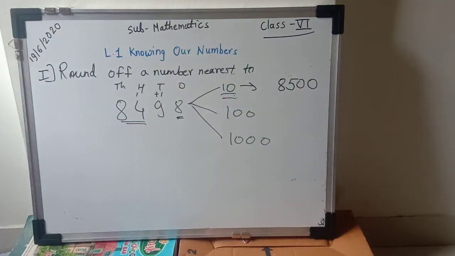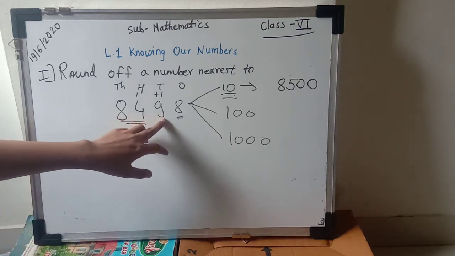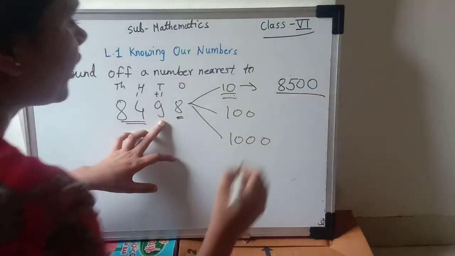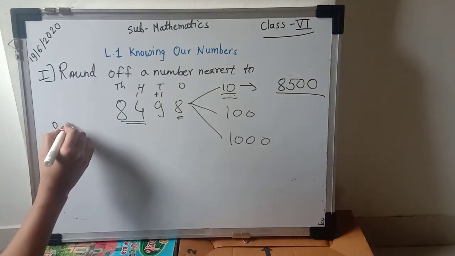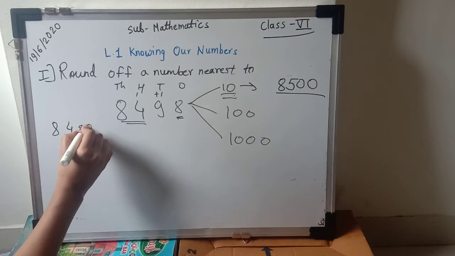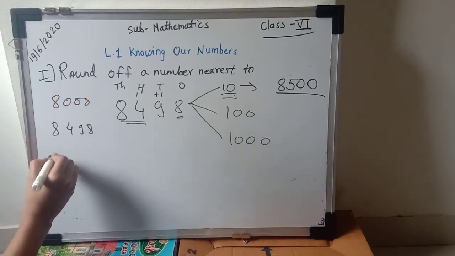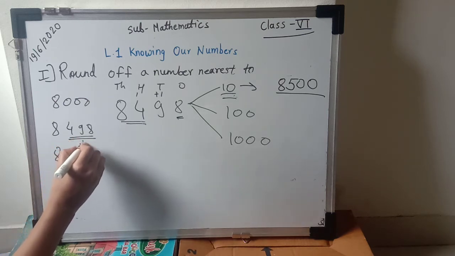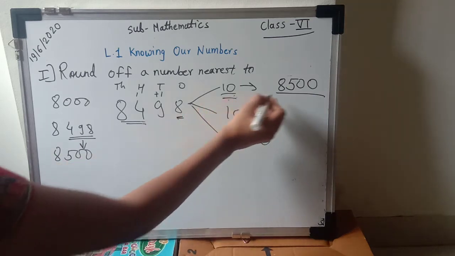So we got the answer for 8498 rounded nearest to 10, and we got 8500, because 8498 is nearer to 8500 than to 8000 here.